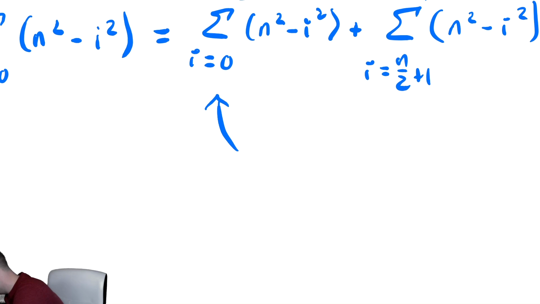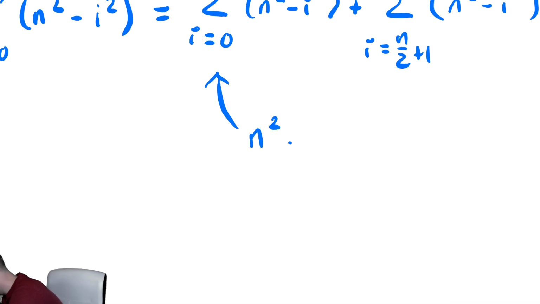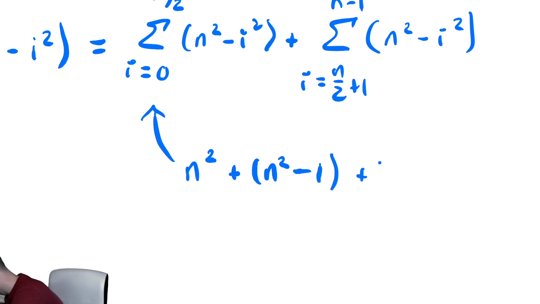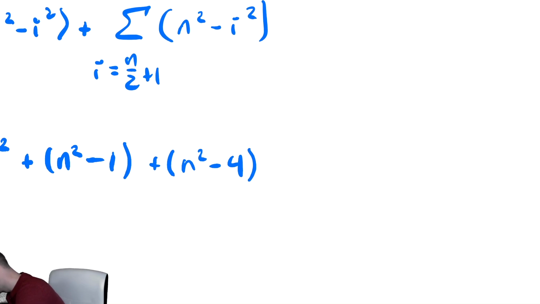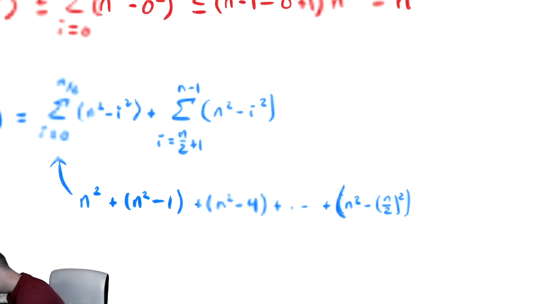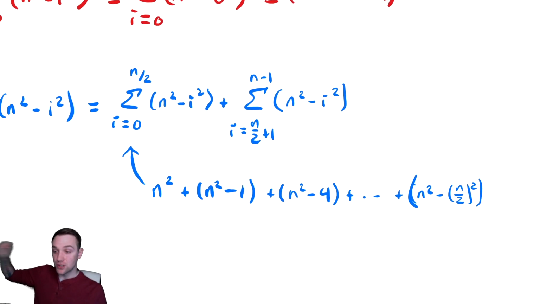This first summation is n squared, then plus n squared minus 1 squared, plus n squared minus 2 squared, plus keep going until we plug in n squared minus n over 2 quantity squared. Notice that each term is getting smaller as you add them up.